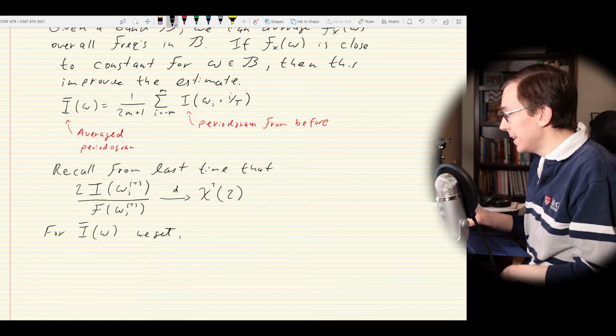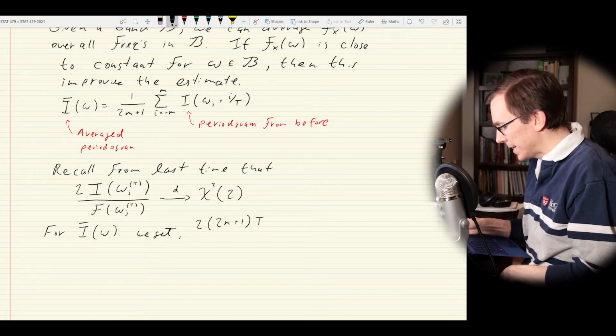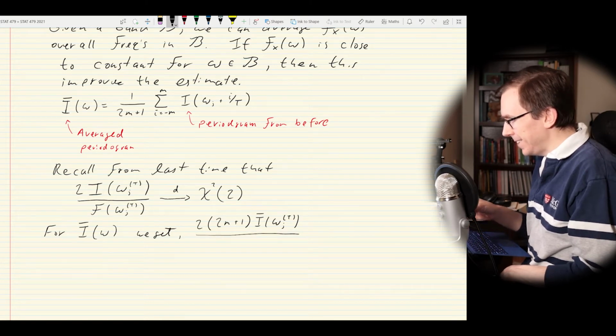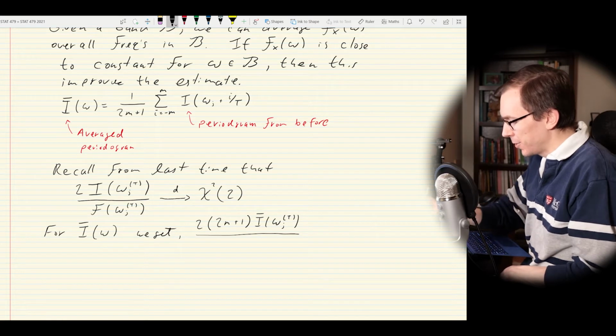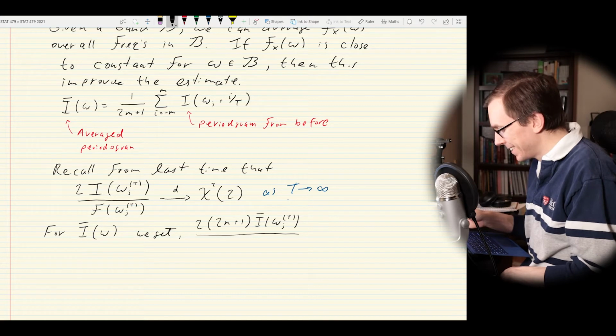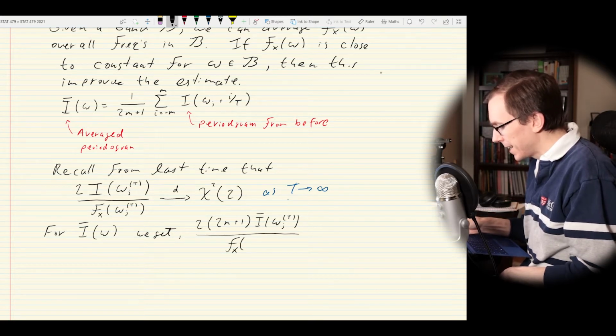What we get is that 2 times the length of this whole thing, 2m plus 1, times the estimate I bar omega j to the capital T, as t goes to infinity and omega j converges to something, then we have to divide by the spectral density again.